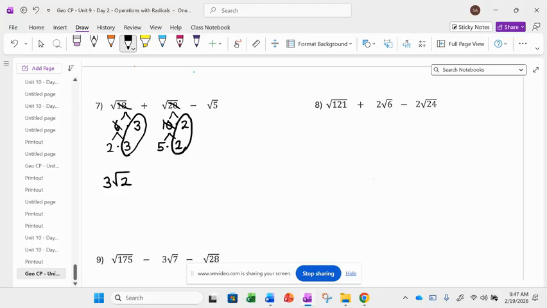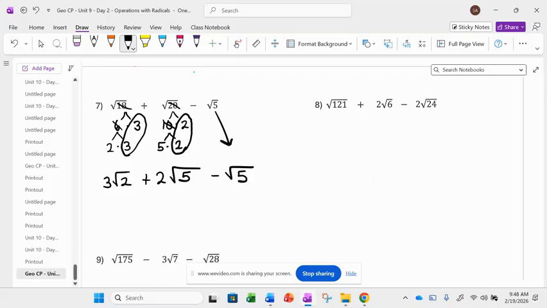Absolutely. So now I circled one pair of 2s. That's coming on the outside. What's going on the inside, Sebastian? Whatever's not crossed out and not circled. 5. And then I'm just going to bring down that minus root 5. So now all my radicals are completely simplified.